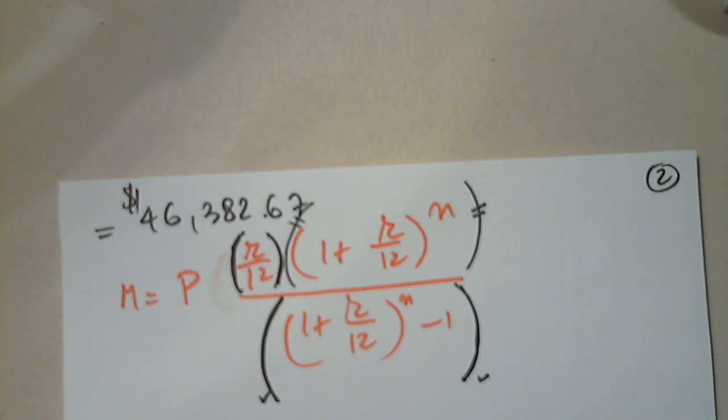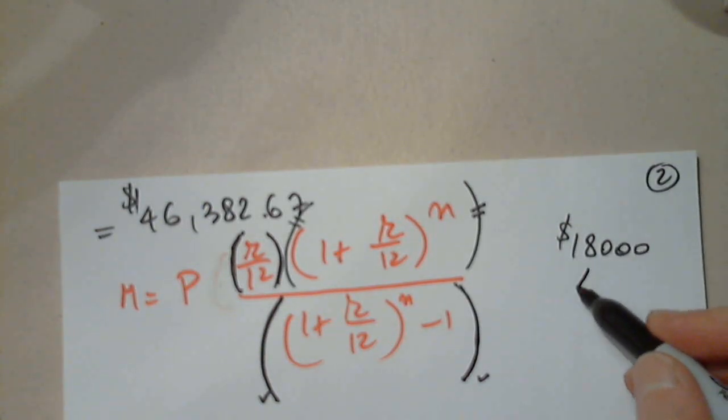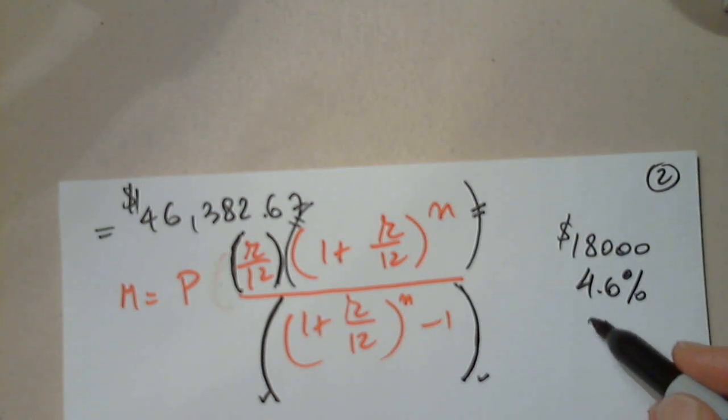Okay, so let's look at, okay, so Fermat's Last Bank makes a card loan of 18,000. So I'm going to copy 18,000 at 4.6% annual interest, of course, with a loan period of 3 years.